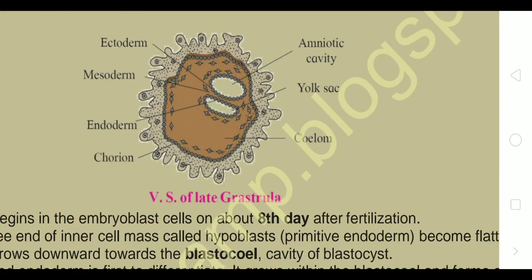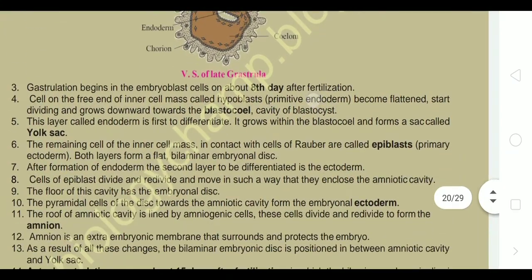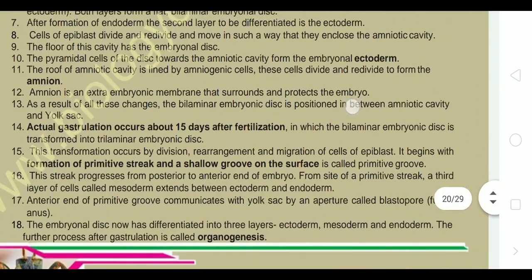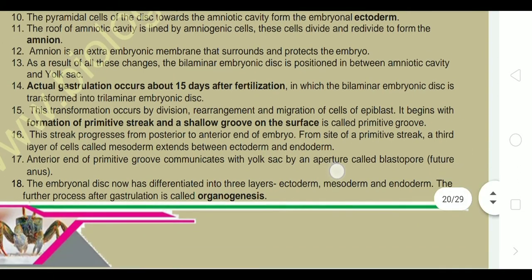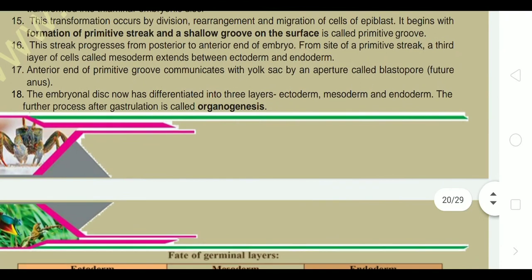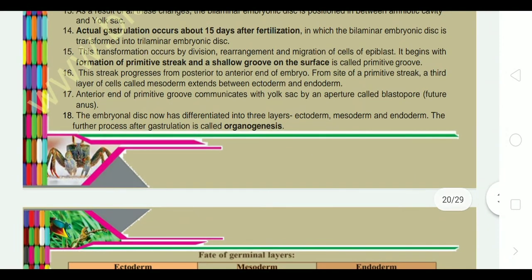So between these two cavities, the amniotic cavity and the yolk sac, there is a small pore, which is the future anus, and which can be termed the blastopore. The embryonal disc has now differentiated into three layers: ectoderm, mesoderm, endoderm. The further process after gastrulation is organogenesis, the formation of organs in the embryo.